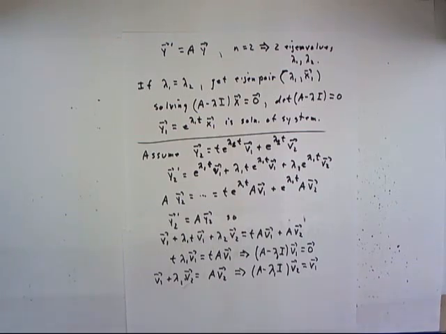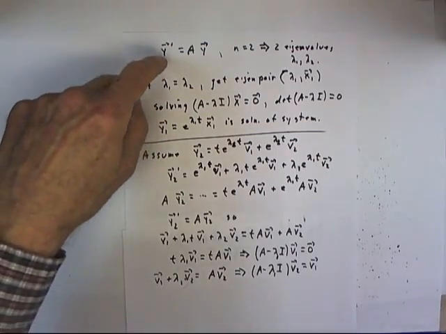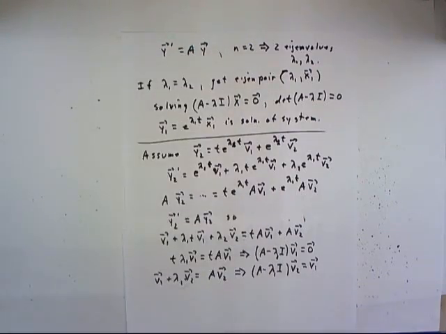Now, again, this is actually fairly simple. You might not have seen what to do originally, but it's fairly easy to follow. We start with our equation, assuming identical eigenvalues, and we get one solution.